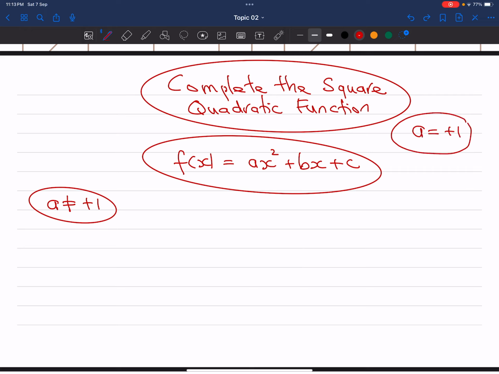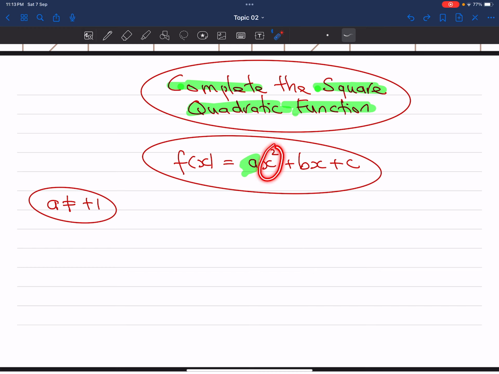So today we are going to do the example on how to complete the square for quadratic function when the a in front of the x squared is not positive 1.